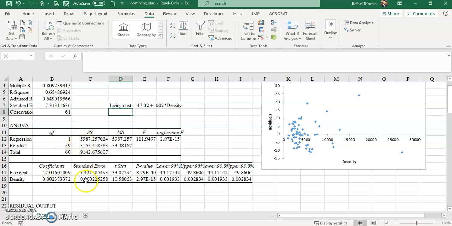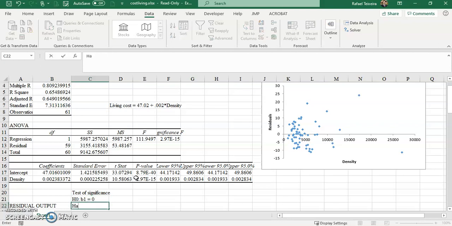If I want to test if there is a significant relationship, a test of significance, my null hypothesis is that B1 is equal to 0.